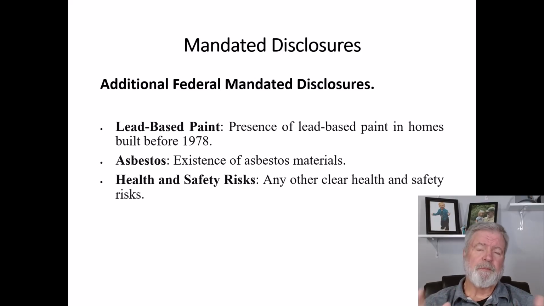The reason that's important for real estate agents and anybody selling real estate, obviously, if they're selling a home, for example, and it was built prior to 1978, is there a potential that there could be lead paint in that home?